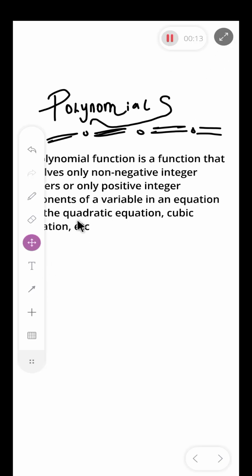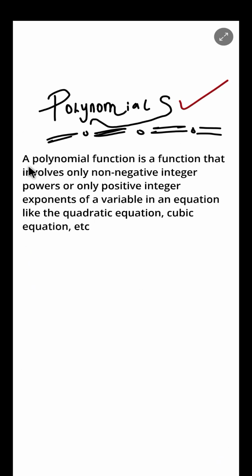So, considering this topic, we actually have a polynomial function, which is a function that involves only non-negative integer powers. That is, suppose I have a polynomial function f of x. f of x can be represented in this form, whereby you have a constant a naught, and you have a particular variable x that is being raised to a non-negative integer power, which is, let's say, 0.